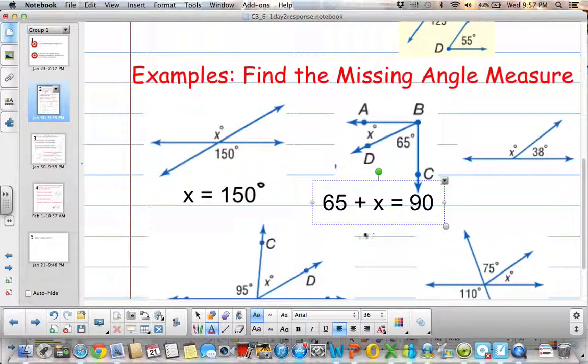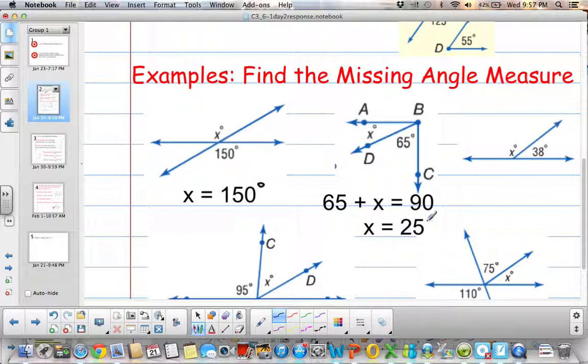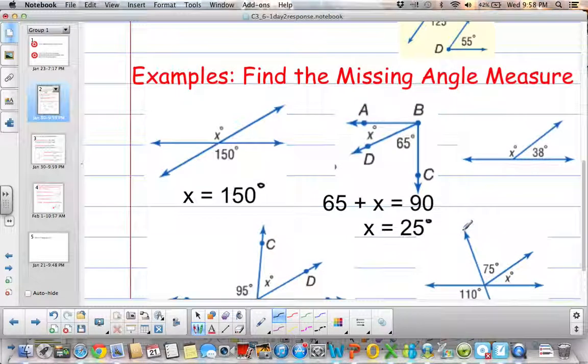So then 90 minus 65 would be 25. So then we would have X equals 25 degrees. Because 65 plus 25 equals 90.